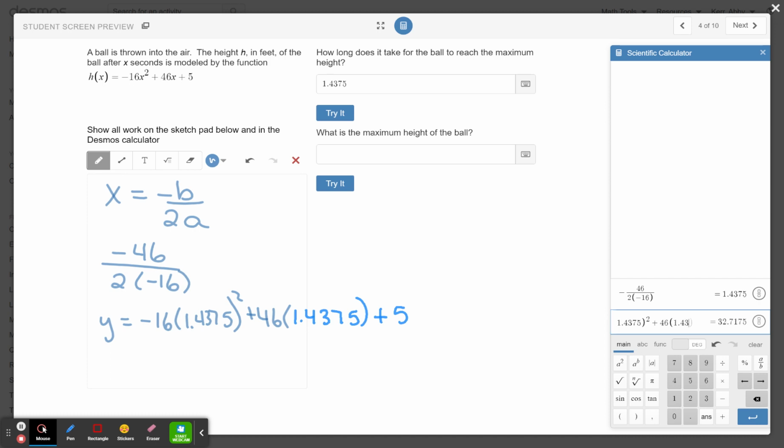And make sure your decimal is correct. All right, maximum height of the ball. Looks like it's 38 feet, 38.0625 feet.